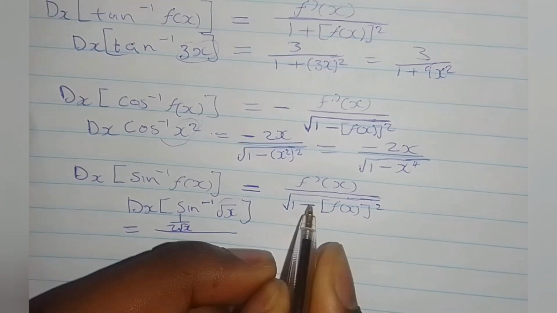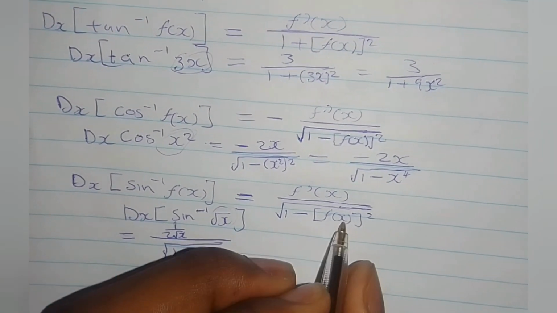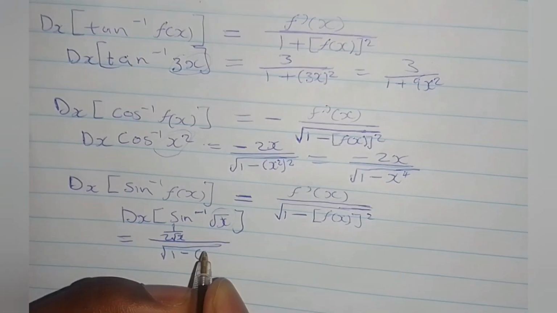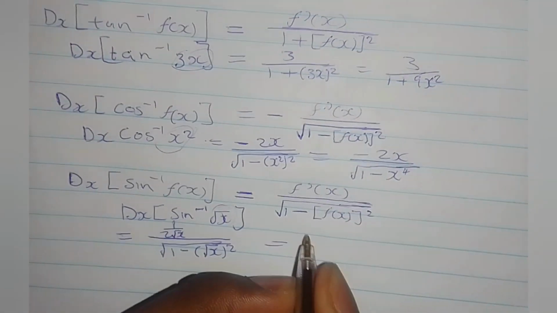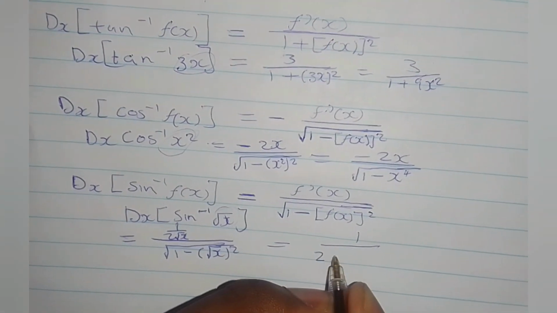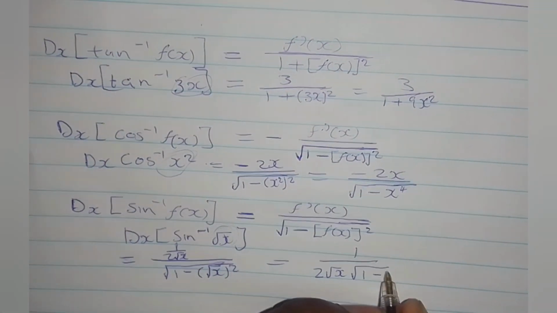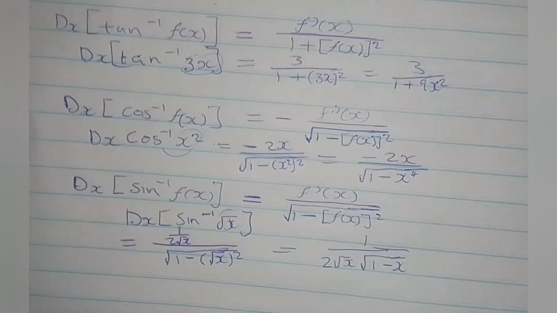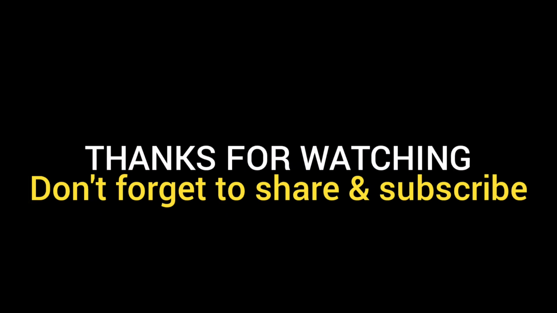Then you divide this by the square root of 1 minus the square of the function, in this case root x squared, which will simplify to 1 over 2 root x multiplied by the square root of 1 minus x. So that's how you can derive such inverse trig functions, basically by just memorizing these formulae.